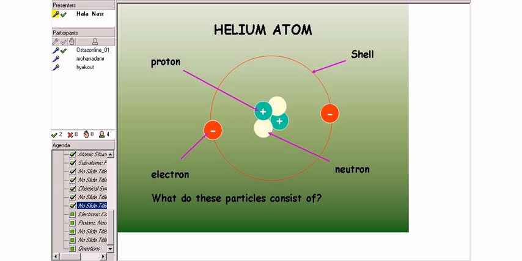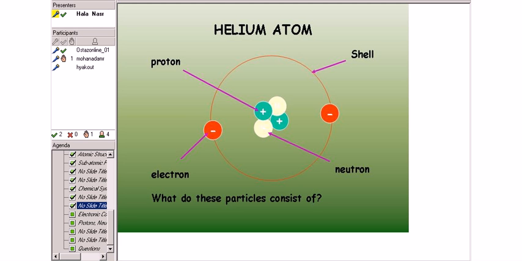They're carrying negative charge. Now I need the three of you to look at the figure and tell me, what do you notice between the number of protons and the number of electrons?